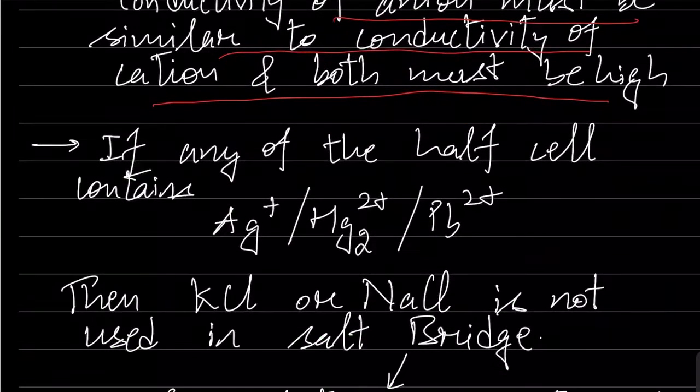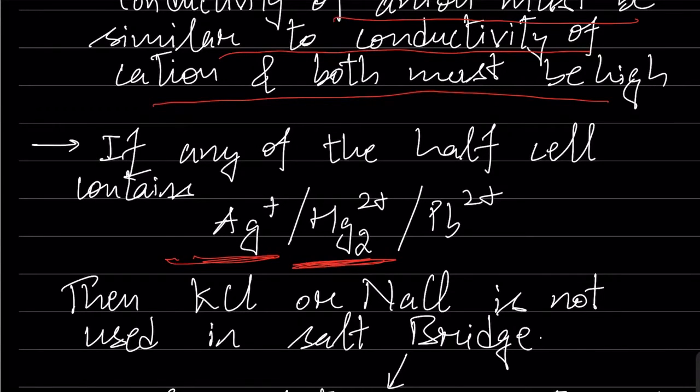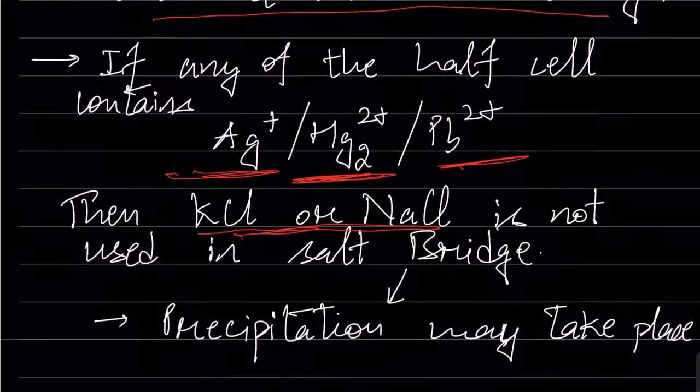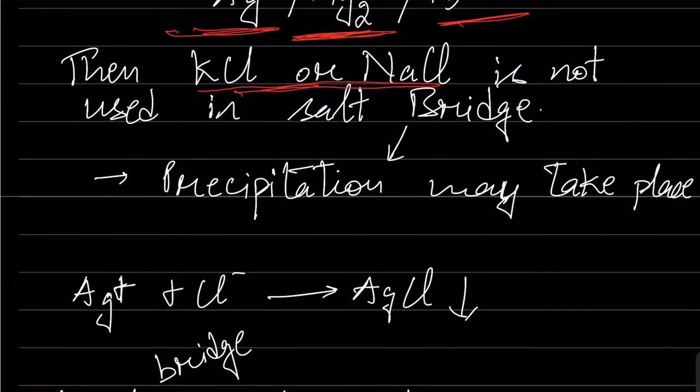Okay, so if any of the half cells, whether cathode or anode, contains Ag+ or Hg2 2+ or Pb2+, then we will fall into a problem. What is the problem? KCl or NaCl cannot be used. Why? Because precipitation occurs. How does precipitation occur?